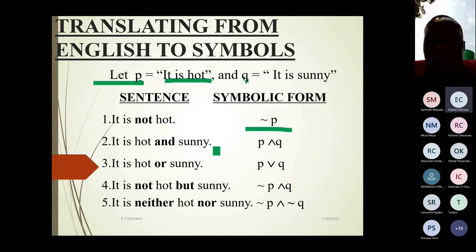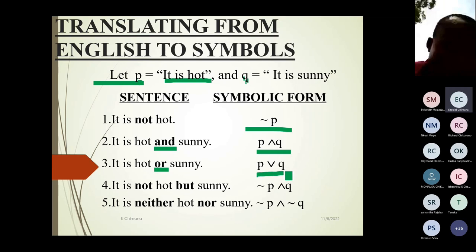It is hot and sunny, which means we are going to use the AND operation to join the two statements P and Q. So it will be P and Q. Then we have it is hot or sunny, which means we are going to use the OR operation to join P and Q. So we'll be having P or Q. Also, we have got it is not hot but sunny, which means we need the negation so that it says it is not hot, which is the negation of P. But is sunny, which means we need an AND.